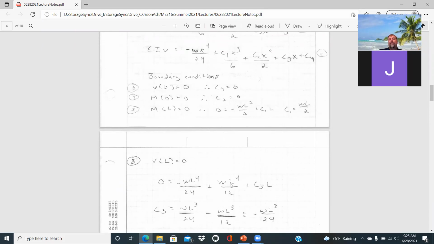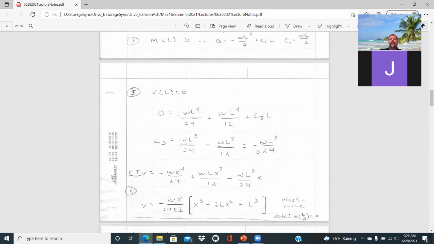And then we have the L times an L cubed, which will give us an L to the 4th. So all we're doing is plugging in WL over 2 times L cubed over 6 will give us WL to the 4th over 12, plus C3 times L. So again, we have one equation, one unknown, where we can solve for our C3 constant of integration.